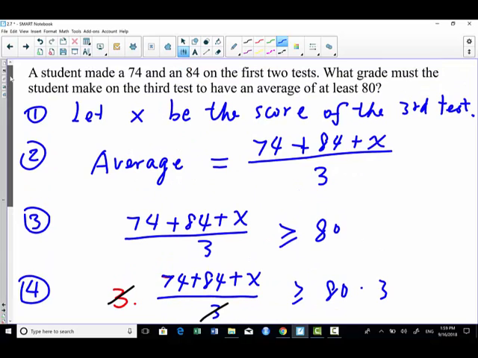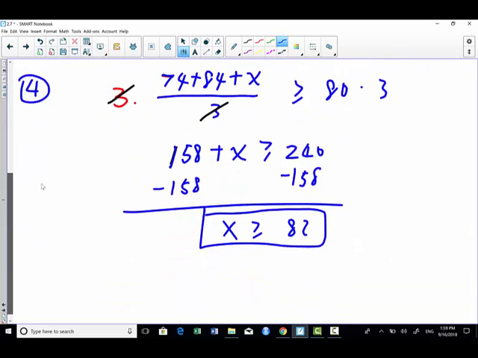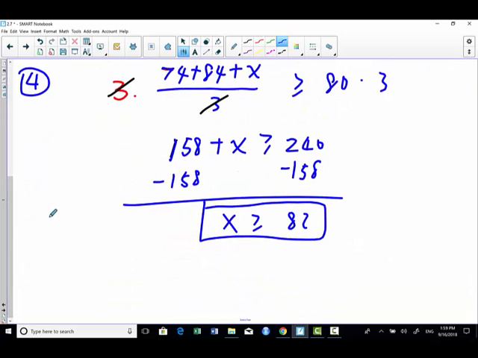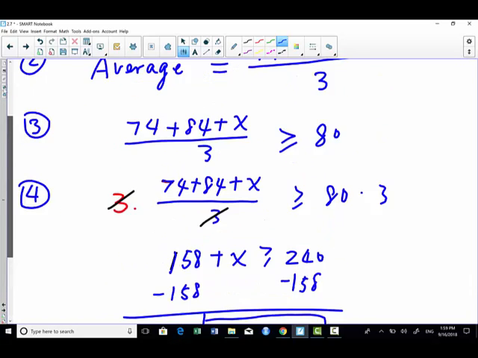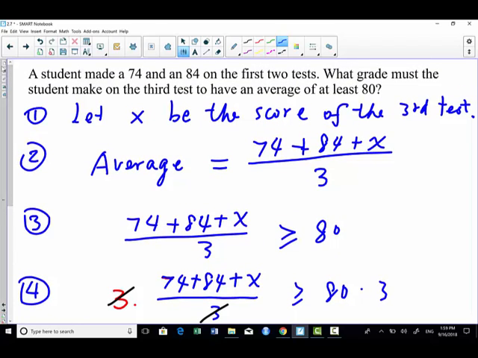So you can see in order to get an average of at least 80, the third test has to be at least 82. And you can actually verify it. If the third test is 82, 82 plus 74 plus 84 is 240. Total points divided by 3 is actually 80.